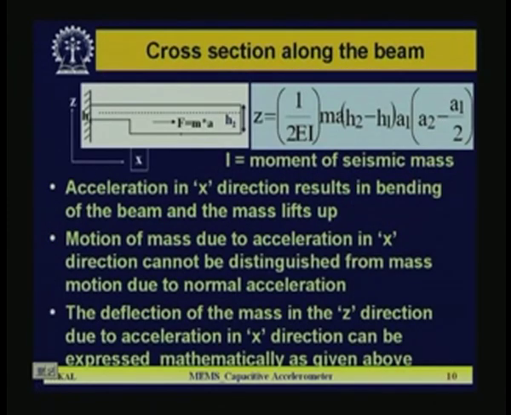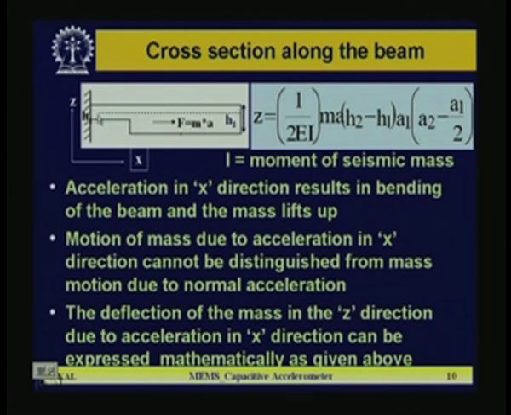Now here if you look into the cross section of the structure, then you can also calculate the Z displacement from this relation. Here you can see this is a cross sectional diagram.